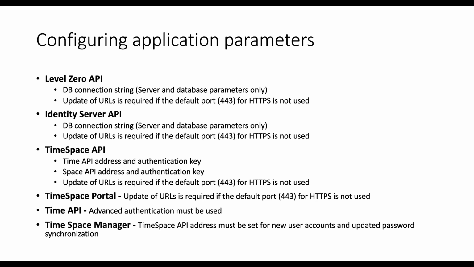But of course, if you are using a custom HTTPS port, like in my case, you then need to update all these things. So here's the list of the things that you need to do. Of course, for identity and level 0 API, you also need to add the information about the server and the database.